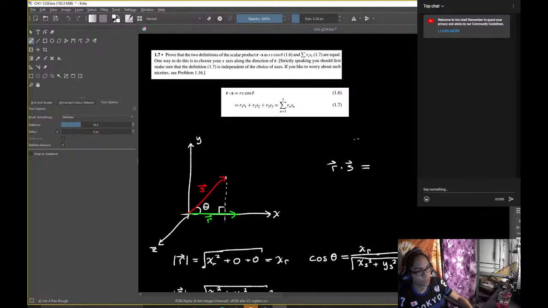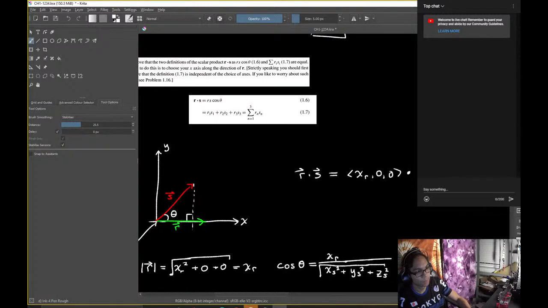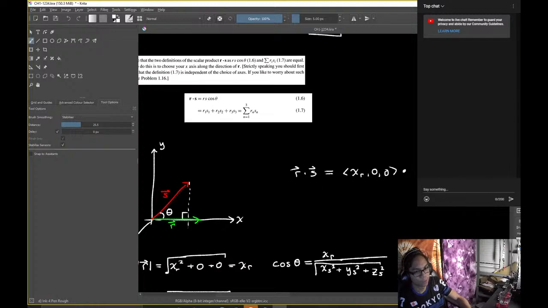Let's analyze this one. So altogether, you're going to get x right here, right? So r, and then dot product with, I'll do it like this first. 0, 0, and dot product with s: xs, ys, and zs.